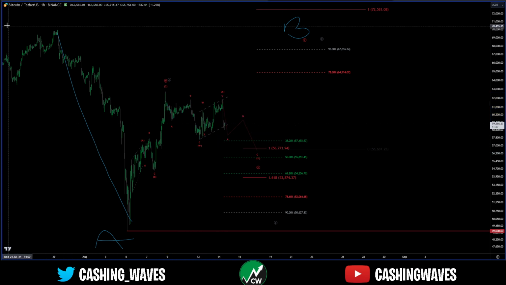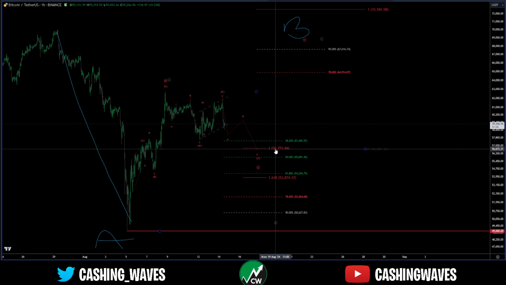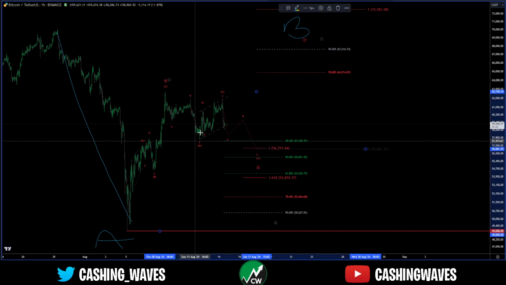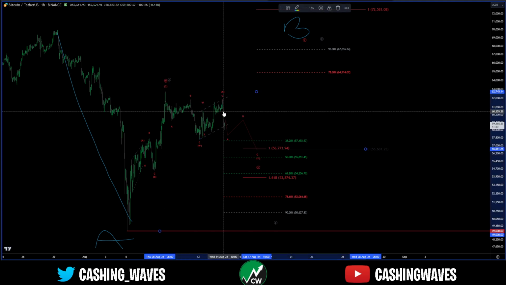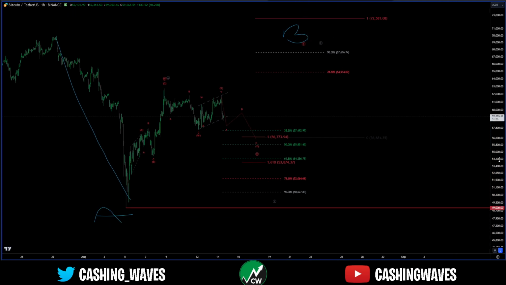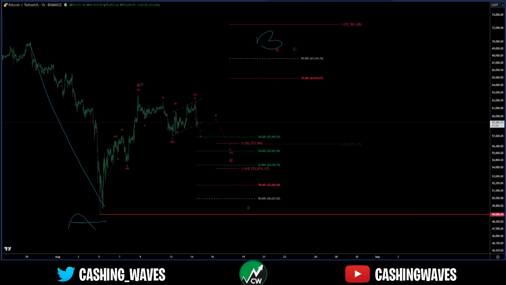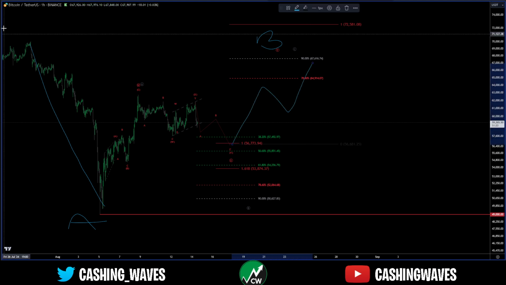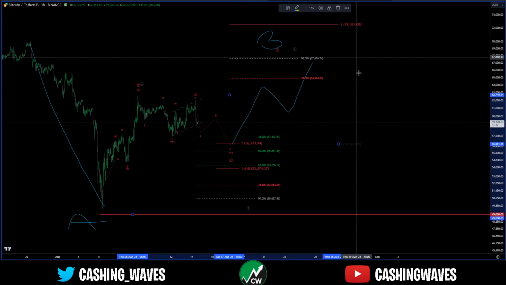Our 1-to-1 target on that, taken from the W wave off the X wave, if complete, is at 56,773, in which case I would look for a long to the upside for this Y wave. Now, issues with that.